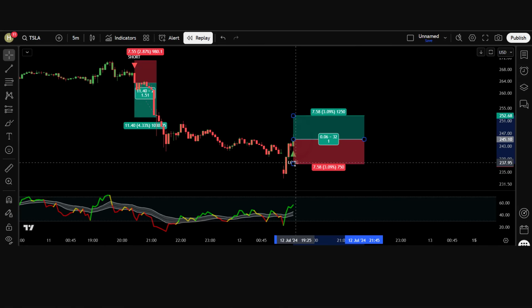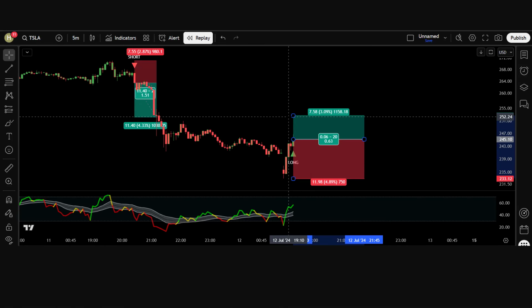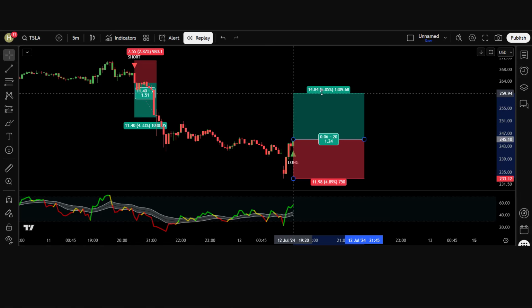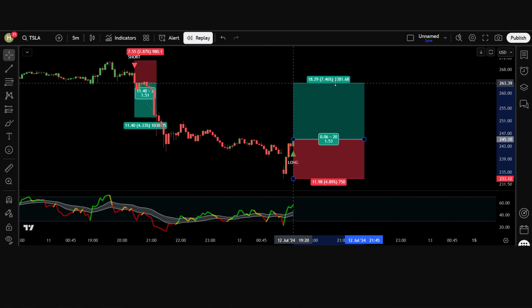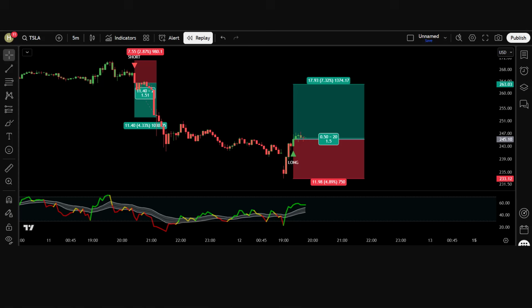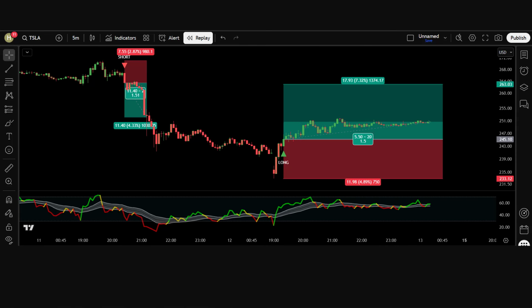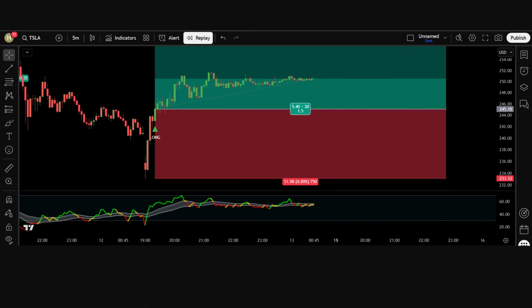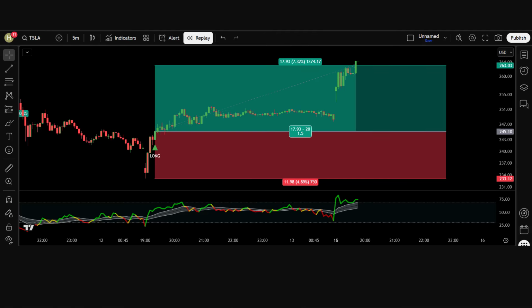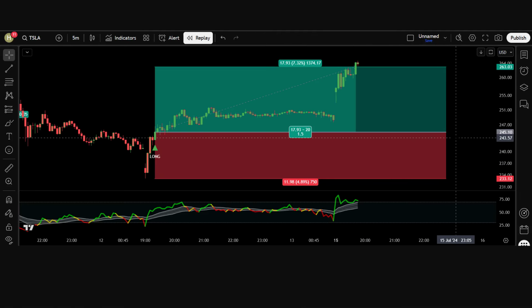Place your stop loss at the current market lower level, with a 1 to 1.5 risk-reward ratio. The market has completely hit the target.